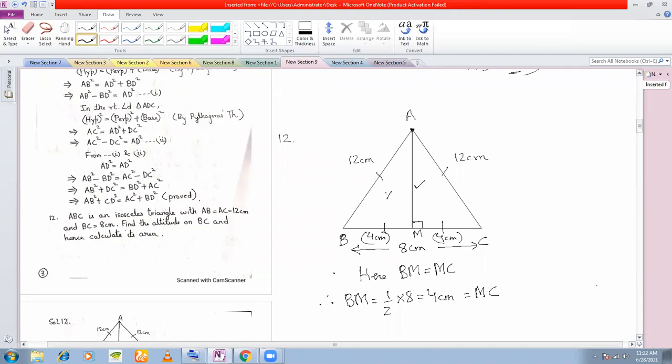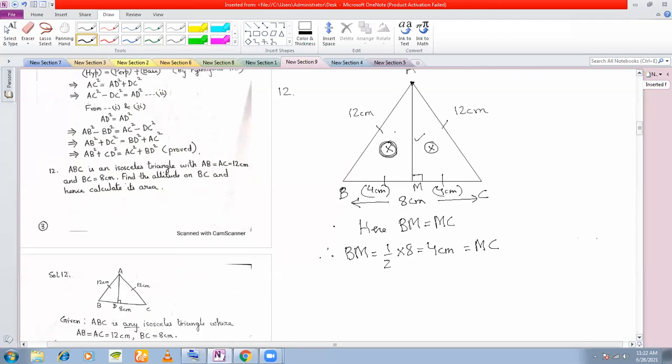So you can consider this right angle triangle, or you can consider this right angle triangle. Let's consider this one. In this one, what do you see? This is the hypotenuse. This is the base. This is the perpendicular. So you can find out in the right angle triangle ABM, or let's say AMB, hypotenuse here is AB.